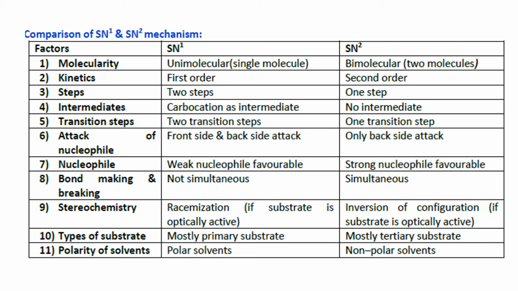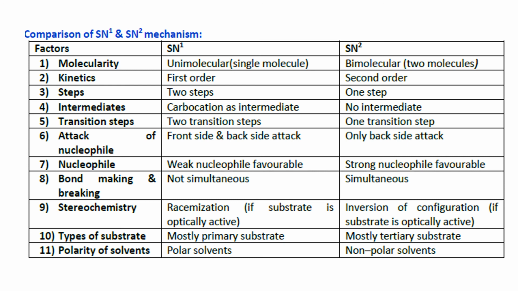SN1 has two transition states, and SN2 has only one transition state. It's a concerted mechanism, and in SN1, there is equal probability of attack of the nucleophile from both sides. That leads to racemization. If the starting compound is optically active, an equimolar mixture of dextro and levo will be formed, so the product will be optically inactive.